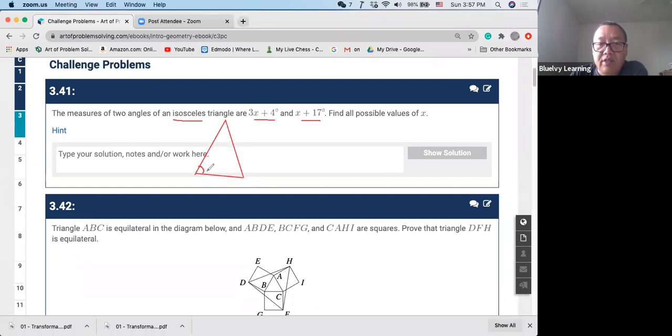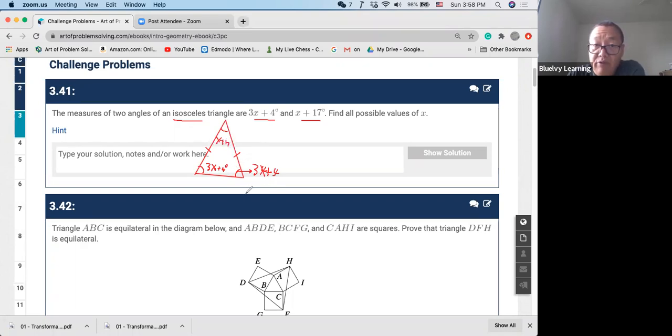So then you need to assign these two numbers to the three angles in this triangle. Suppose you set this angle equal to 3x plus 4 degrees. If this angle equals this angle, this side will equal this side. This angle also will equal 3x plus 4, right? Then this one will be x plus 17.